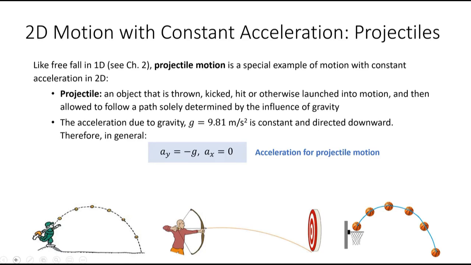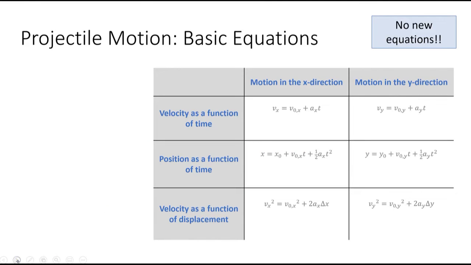All right, and so then these two accelerations, so acceleration in the y and x direction, these assume that we can ignore air resistance and Earth's rotation. So the only thing acting on our projectile is assumed to be gravity. All right, and so what does this mean for us? Well, we're going to want to circle back to those equations of motion for constant acceleration. It looks like 6 of them, right?